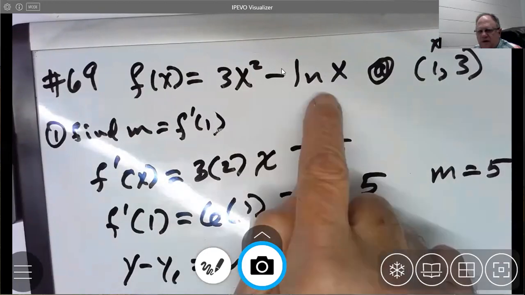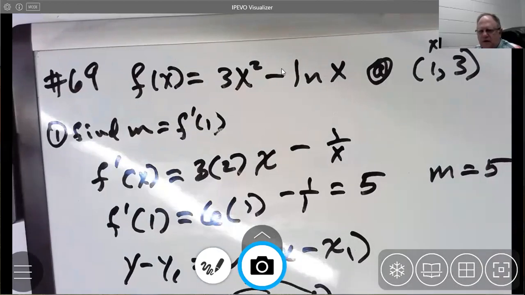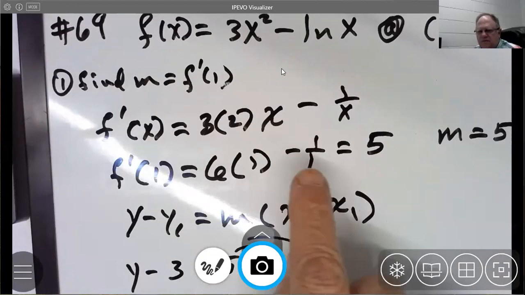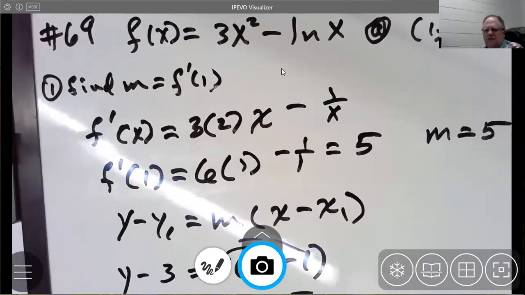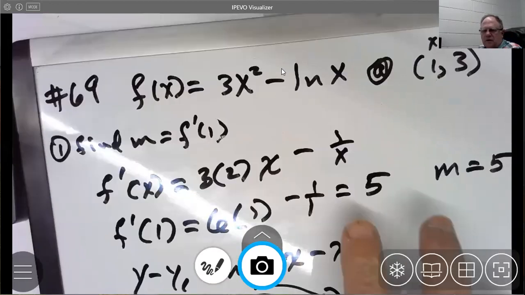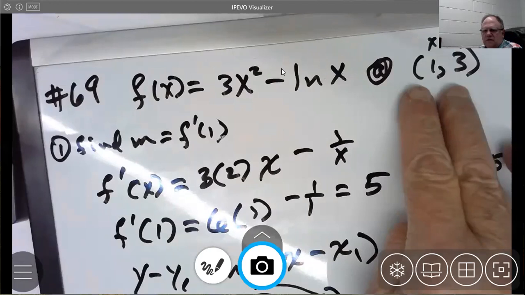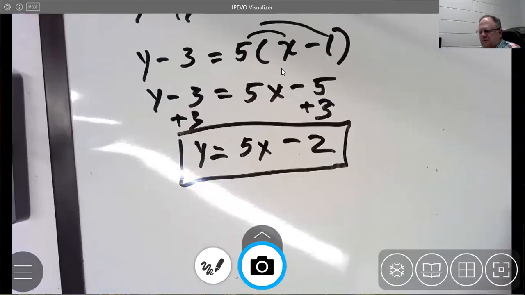The derivative for natural log x is 1 over x. So we plug 1 in, so that's 6 times 1 is 6, minus 1 is 5, so our slope is 5. And then we use the point slope equation, plug in our slope and our point, our x and y coordinates, put it in slope-intercept form, and we have our equation to the tangent line. Any questions?